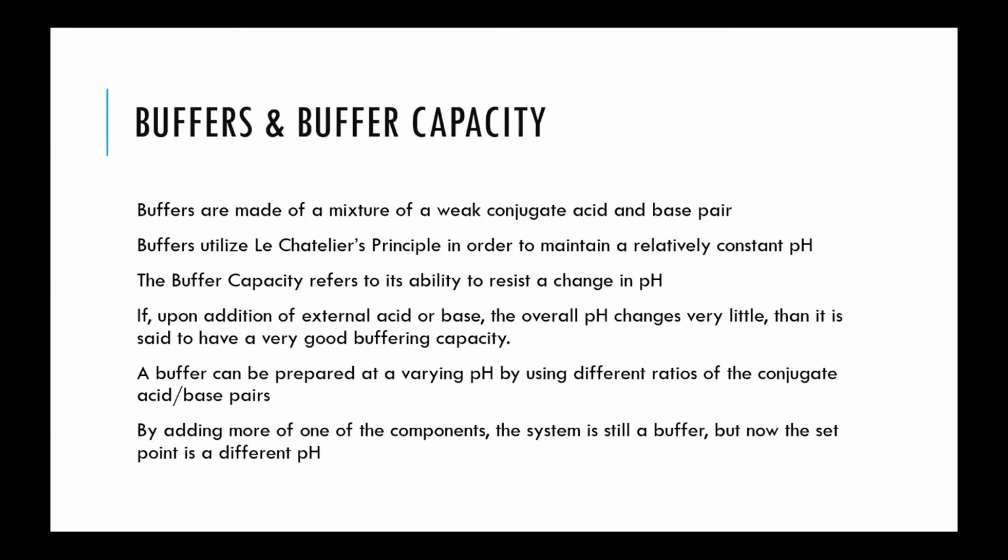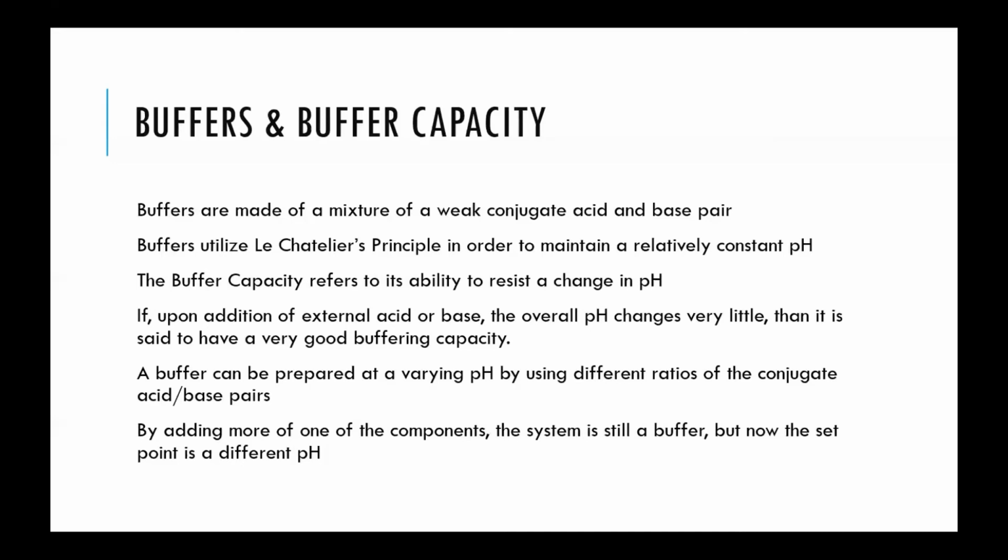an acetate buffer at pH 6 or at pH 5 or at pH 7, and it usually hovers around the pKa, which is the negative log of the dissociation constant, or the Ka value. And around there is where it has the best buffering capacity.